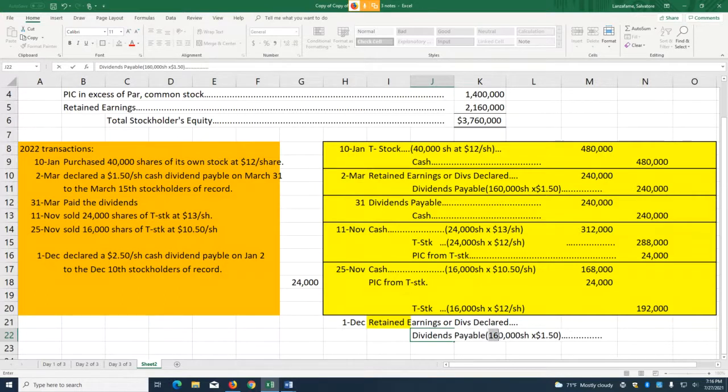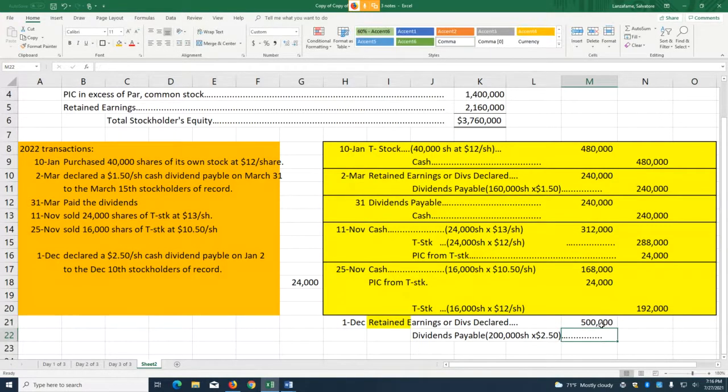And now it's 200,000 shares at $2.50 a pop. So now we're giving these stockholders $500,000 as opposed to last time where we gave them $240,000.